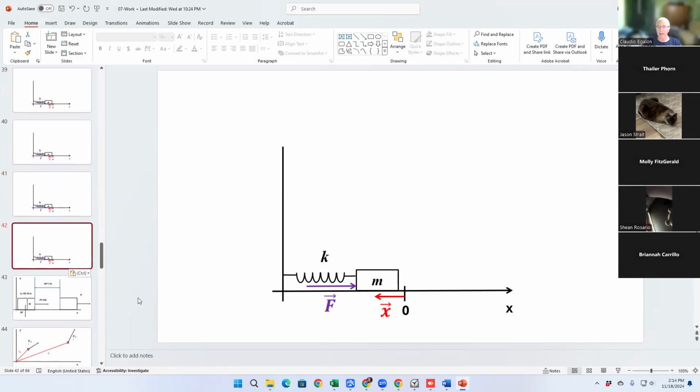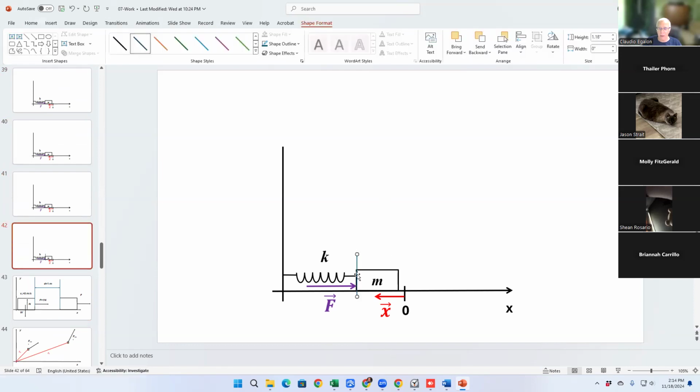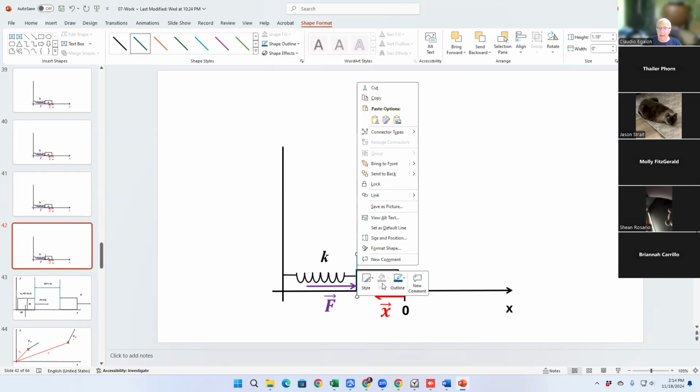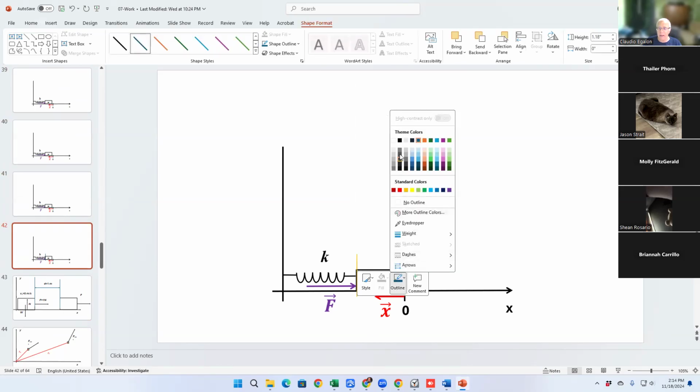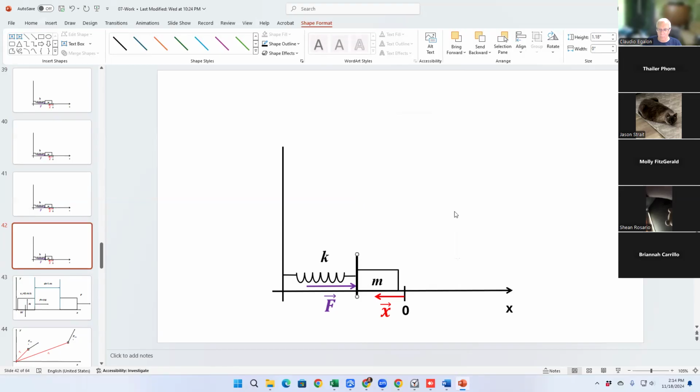Let's do the movie, right? Compress the spring. And I'm going to illustrate my plate here as well. This plate is attached to the spring. Spring. Plate.